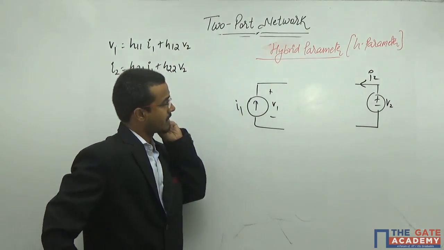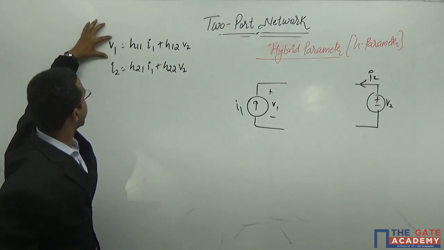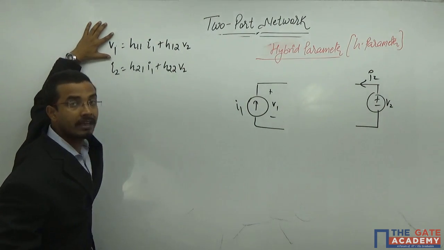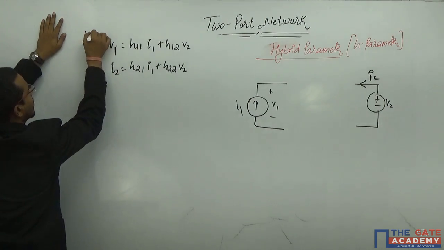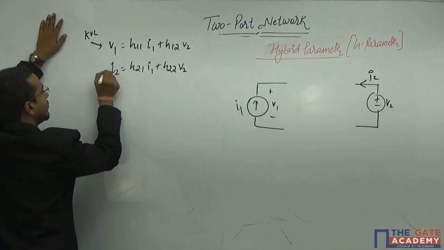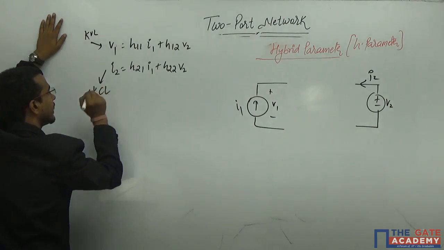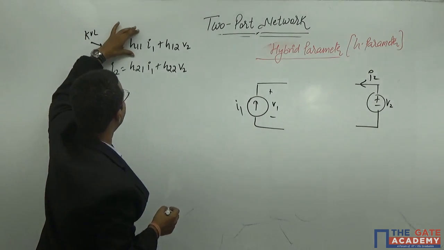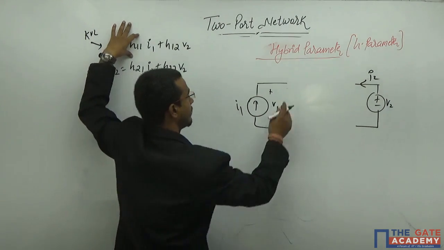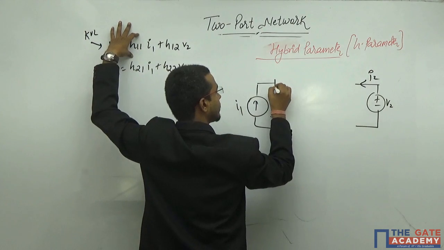In this first case, you are writing the voltages. That means you will write down the KVL equation. This is just because of KVL, and here you are writing the current, that is why it is KCL, a combination of KVL and KCL.